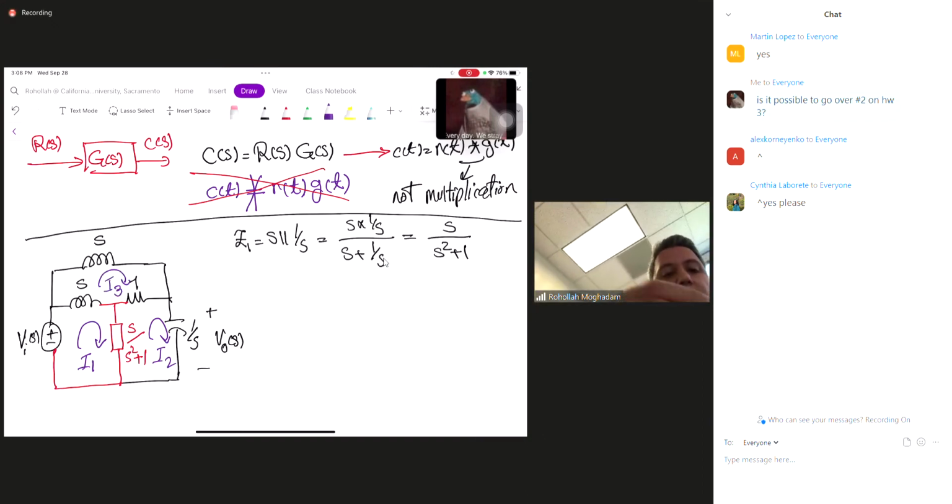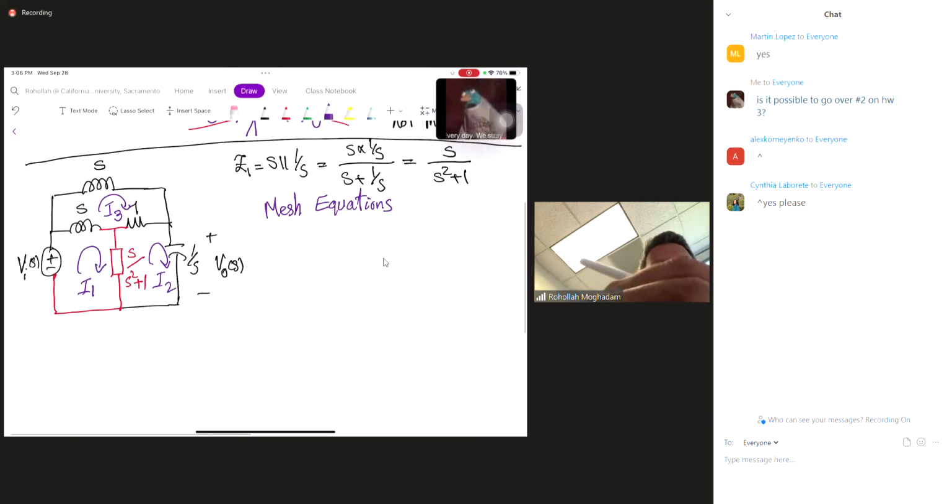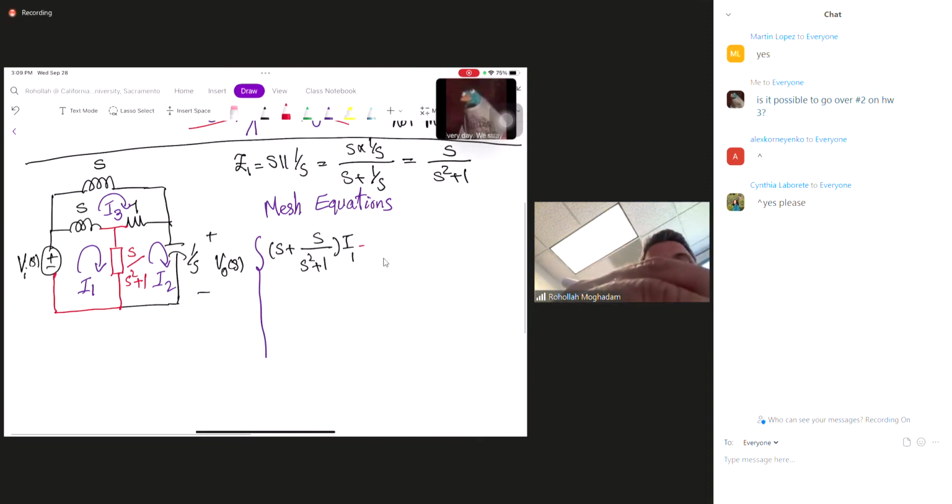Now we want to write mesh equations. How do we write mesh equations? First, all the impedances connected to mesh number 1 become s plus s over s squared plus 1, times I1, minus, help me with the equation, minus the impedance common between mesh 1 and mesh 2.